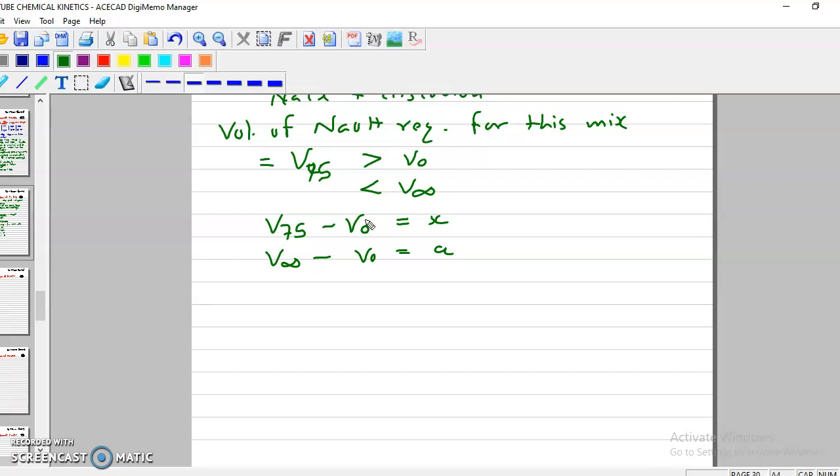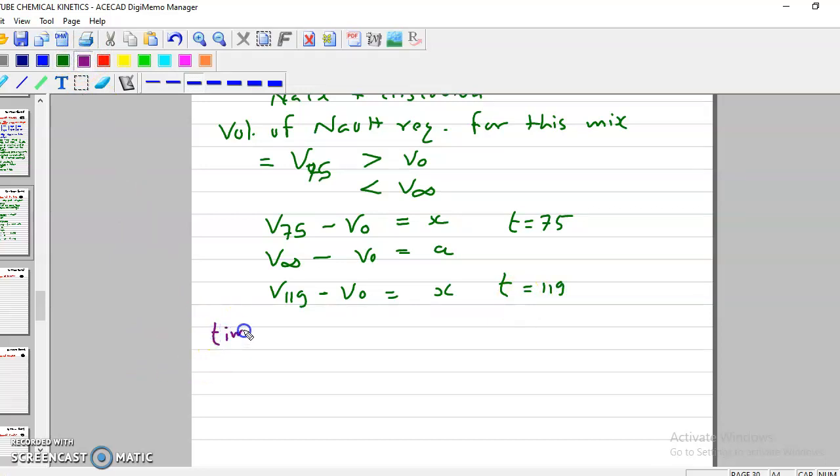Now we will make a table. Small a is equal to V infinity minus V0, and V75 minus V0 is x at t equal to 75. Similarly, V119 minus V0 will also be x, but at time 119 seconds. So we will make a table of this.